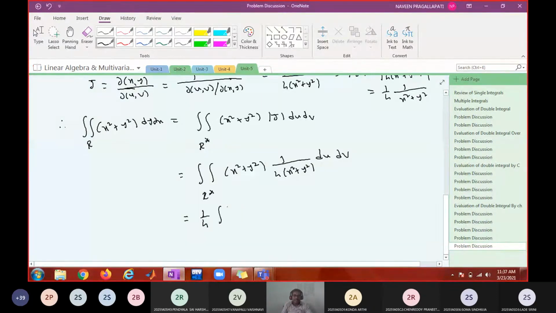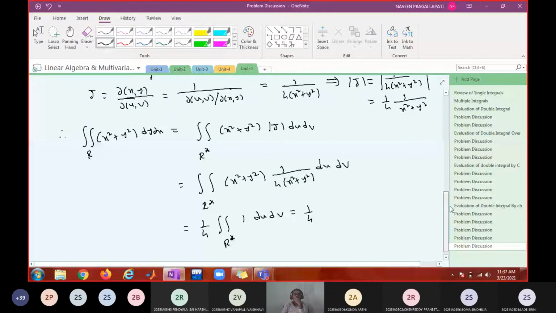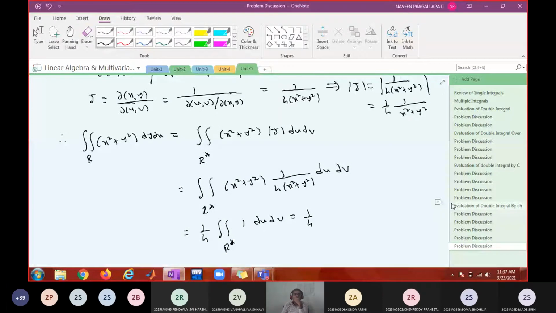So 1 by 4 times double integral over R star of 1 du dv. Can you tell me the value of this integral? What does double integral 1 du dv give? Area.